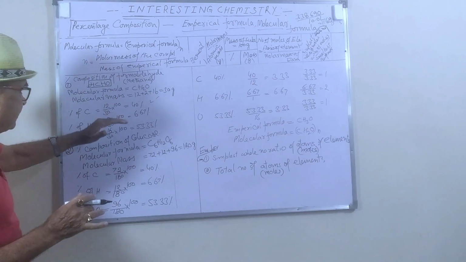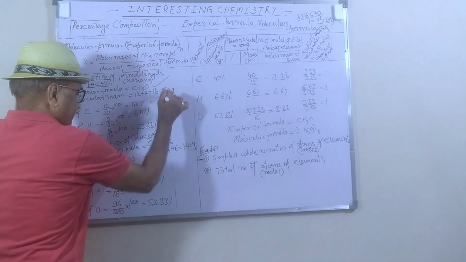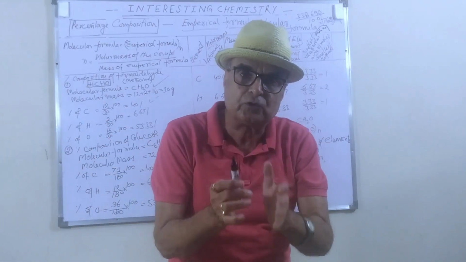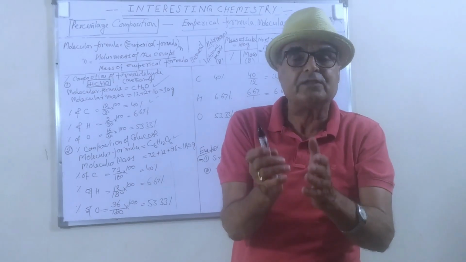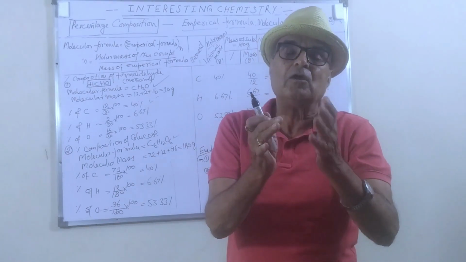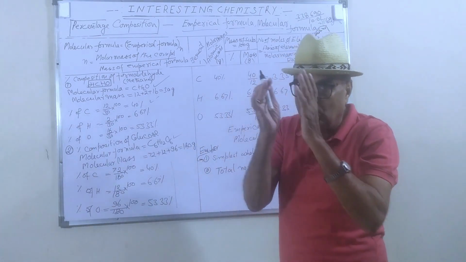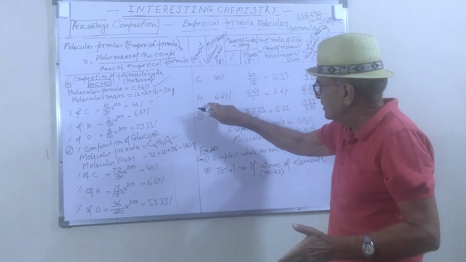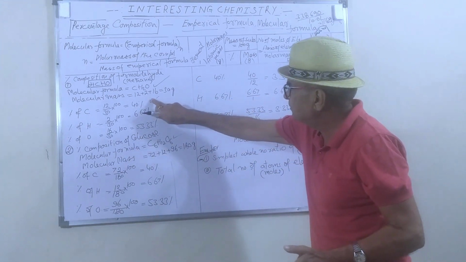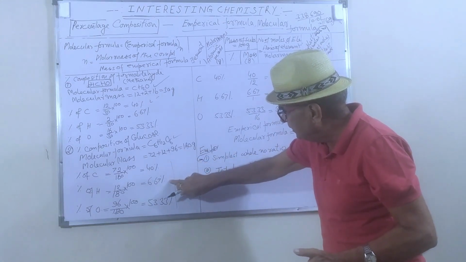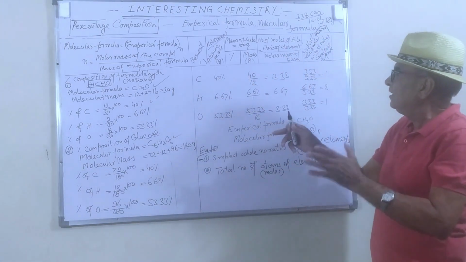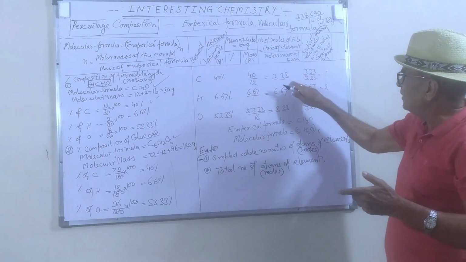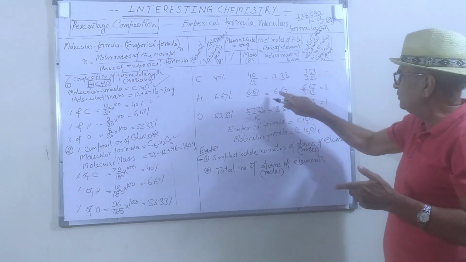So in this case, both compounds, formaldehyde and glucose, have the same identical percentage composition. From this composition, take any one of the compositions. I have taken carbon 40% and hydrogen 6.67%, and again divide the carbon by 12, which gives 3.333.